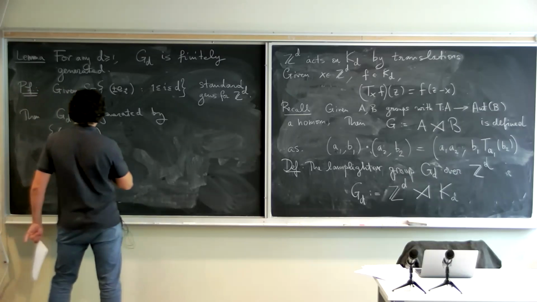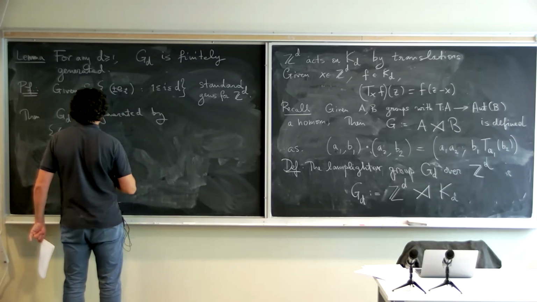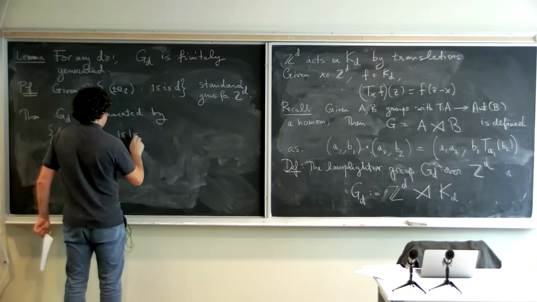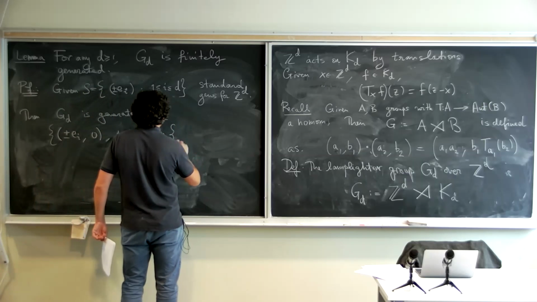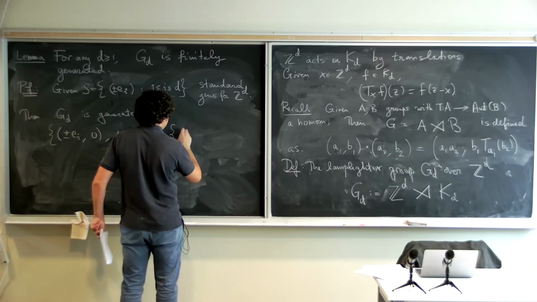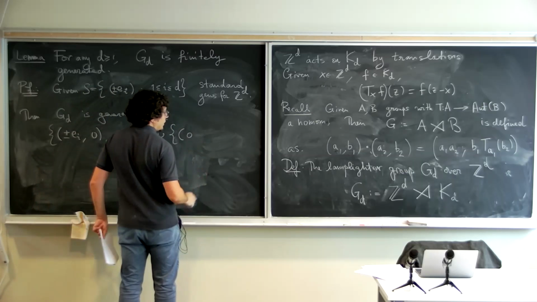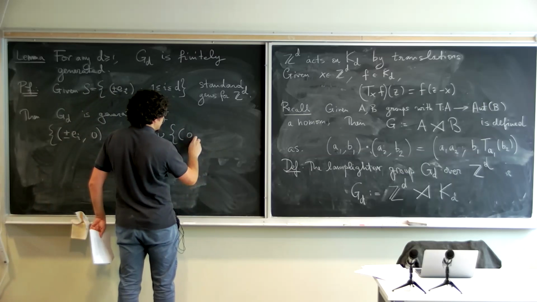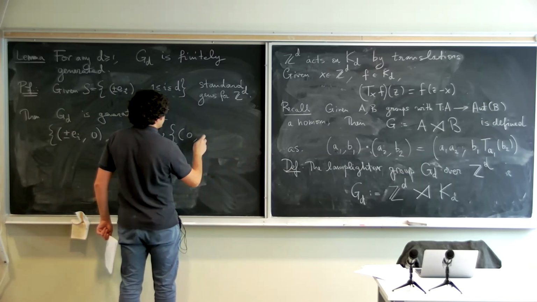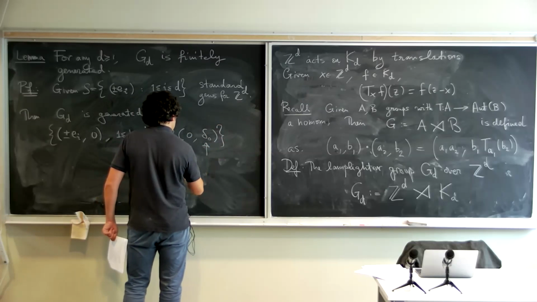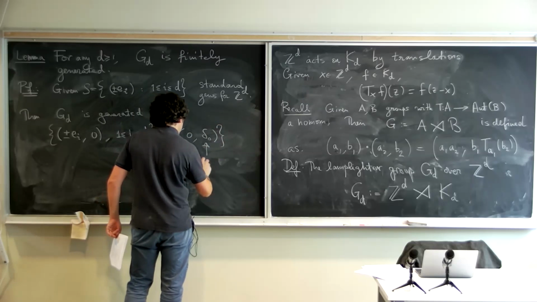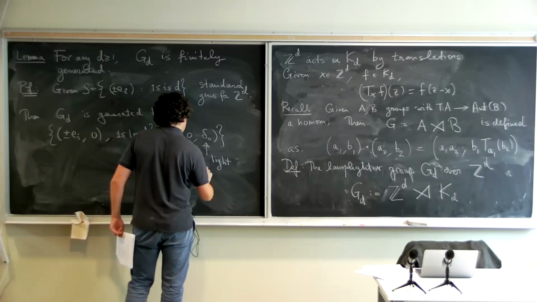This is for I from 1 to D. And then the other thing we need is one element that doesn't move on the grid, but just switches one light. So delta at 0. So this switches the light at 0.